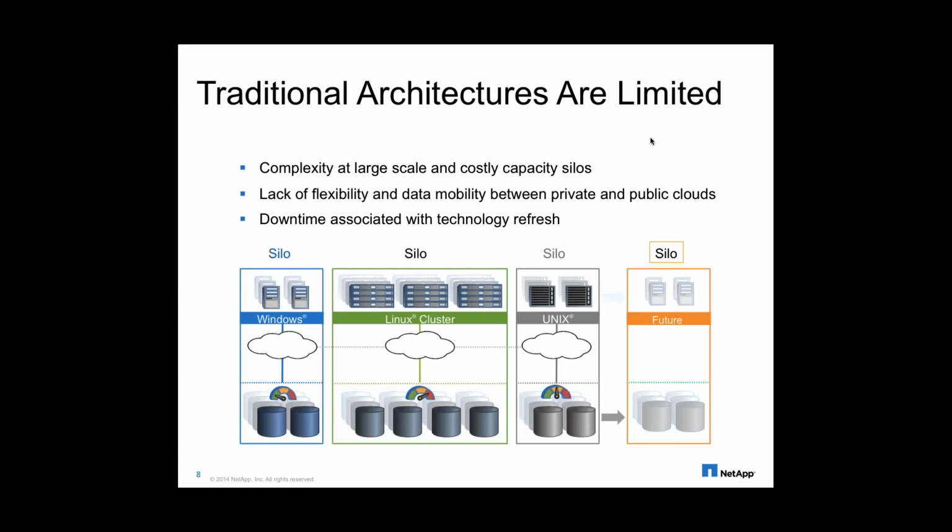So if we think about traditional architectures, they are very siloed and they are very individually implemented. If we have a database environment, sometimes we'll implement a completely standalone technology with that, separate from our Unix infrastructure, separate from our high availability relational database infrastructure.